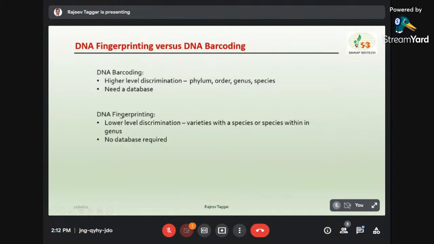In DNA barcoding, as you saw in the last slide, there were 4 or 5 DNA sequences which I presented from my own work, and those sequences are blasted against a database. So people somewhere have already identified the plants.